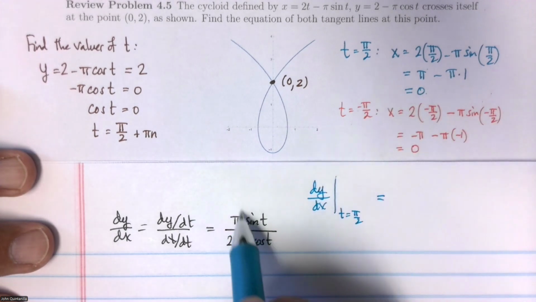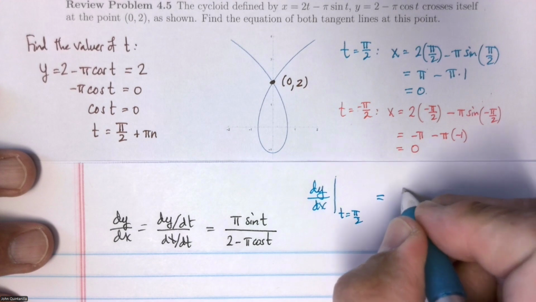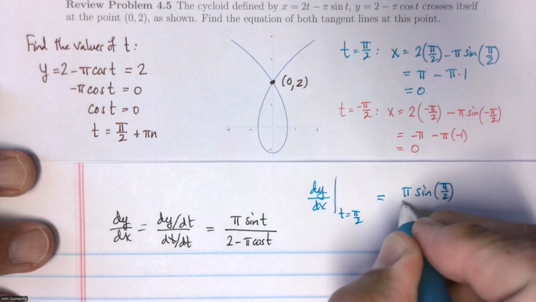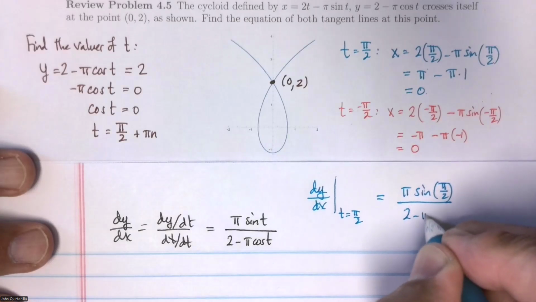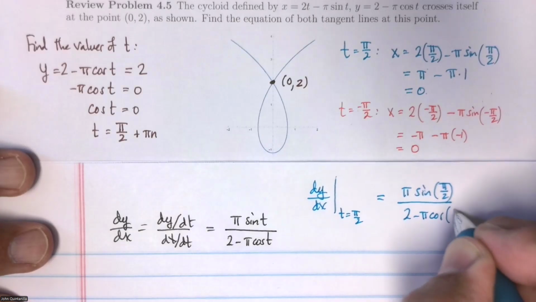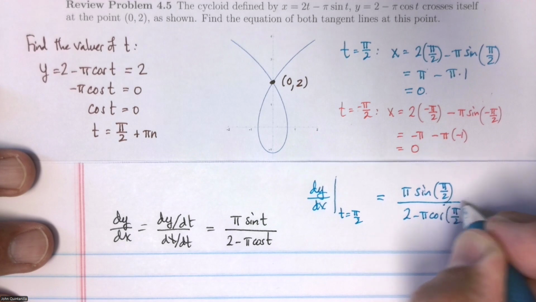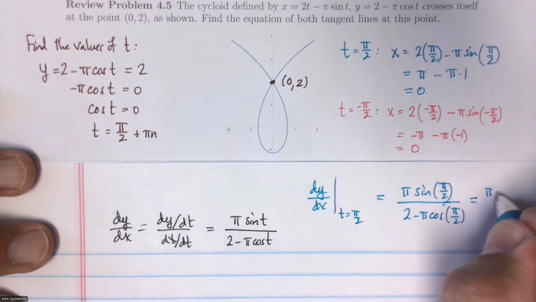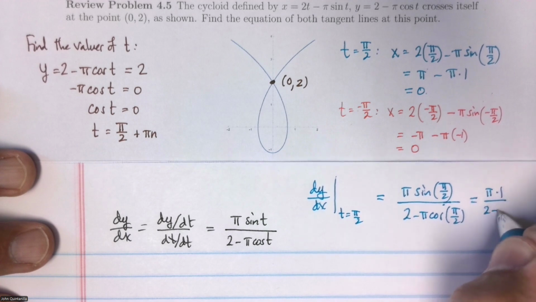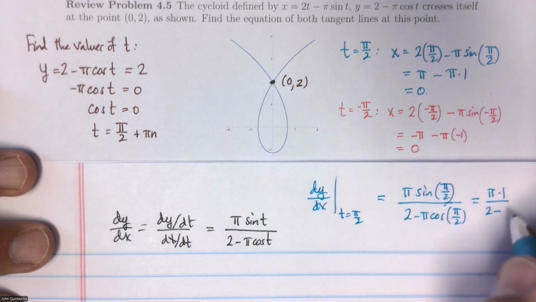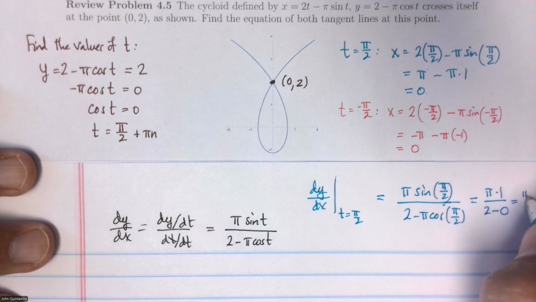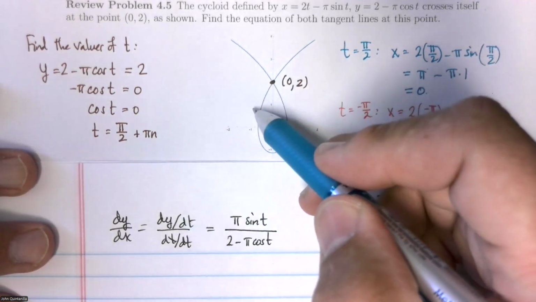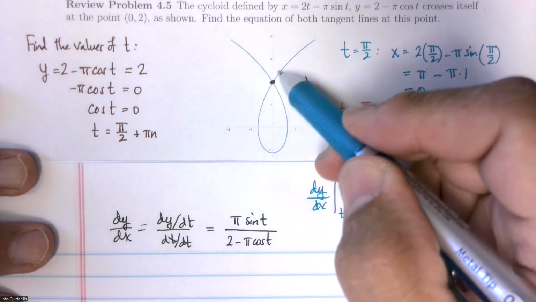That's going to be equal to pi times the sine of pi over 2 over 2 minus pi times the cosine of pi over 2. All right, pi times 1 over 2 minus, and cosine of pi over 2 is 0. And so that works out to be pi over 2. And so the slope in this direction works out to be pi over 2.